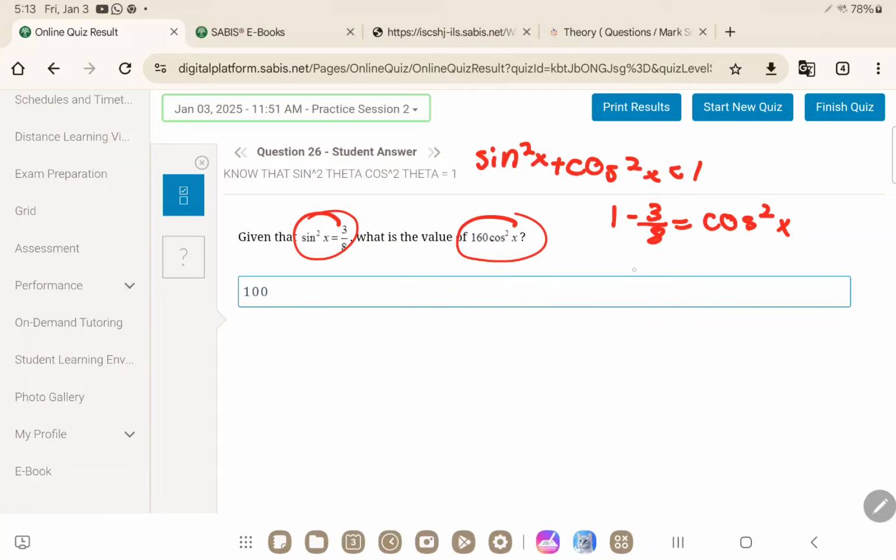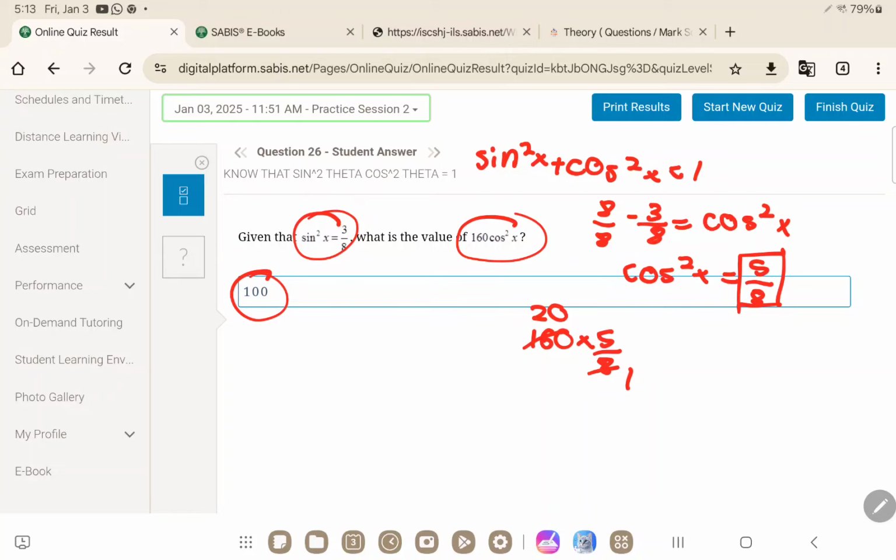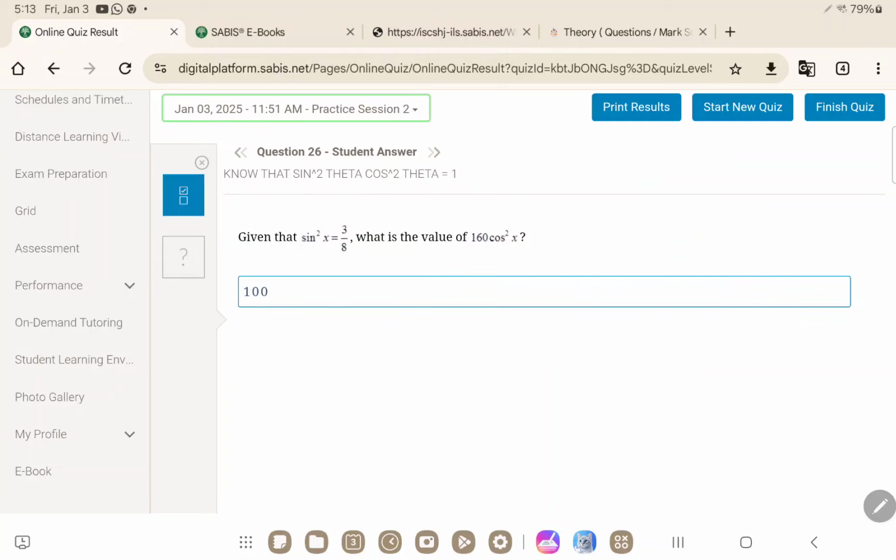So our cosine squared x equals 5 over 8, because this is the same as 8 over 8. So 5 over 8 times, they want 160 times this. So 160 times 5 over 8, this would become 1, this becomes 20. 20 times 5 is 100. And that's how you solve for this one.